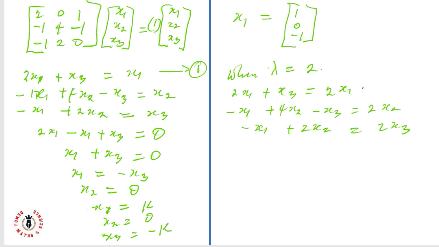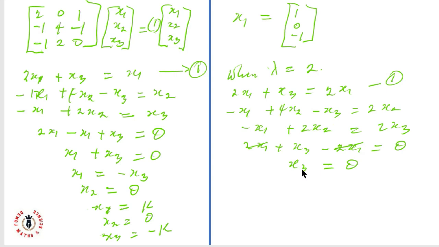Now, let's start again with equation 1. From equation 1, we can deduce that 2x1 plus x3 minus 2x1 is equal to 0. Obviously, 2x1 minus 2x1 becomes 0, then I'm left with x3 equal to 0.